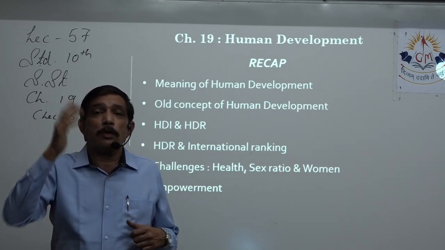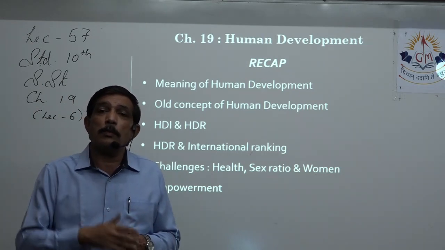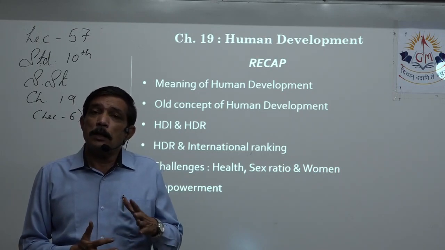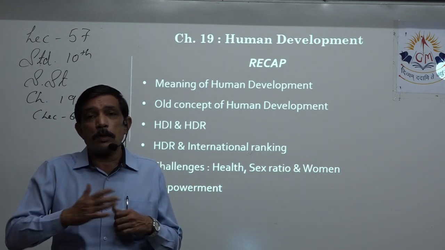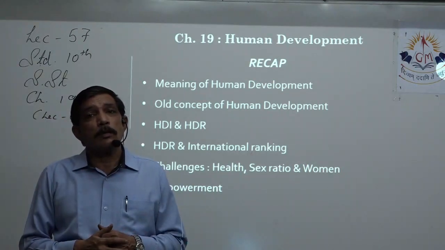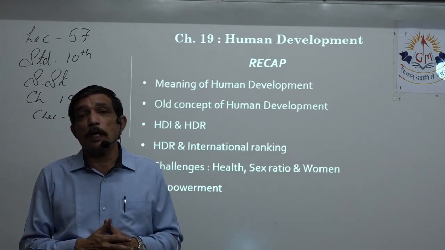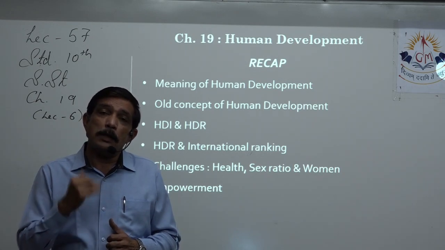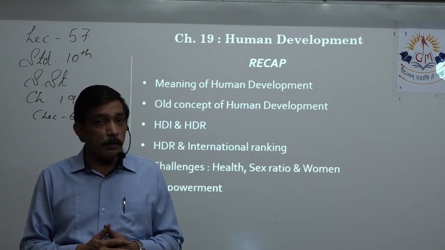So the more the national income, the more the per capita income, and the country which has the highest per capita income is the most developed country in terms of human development.